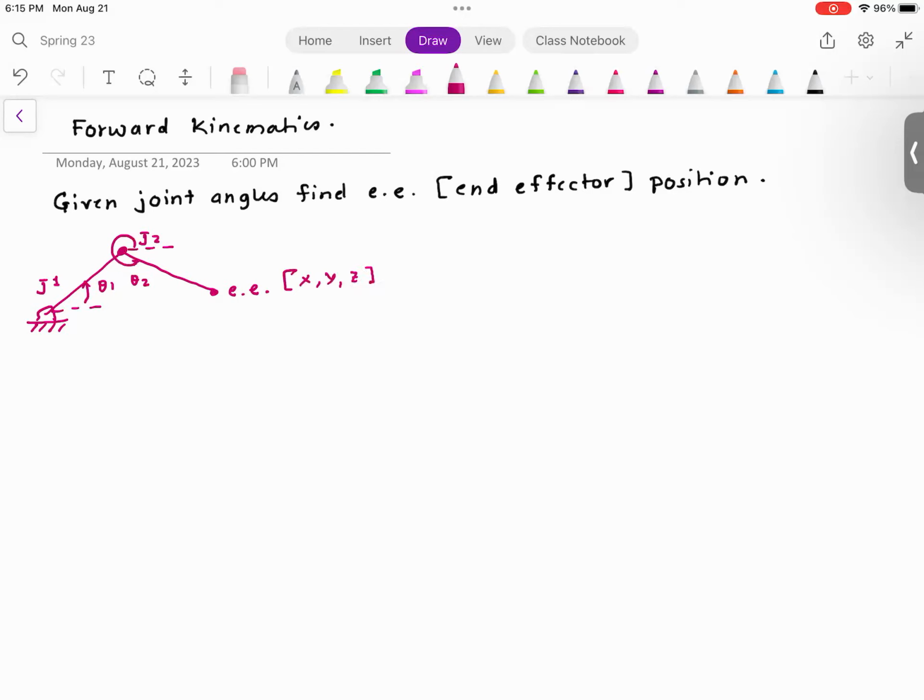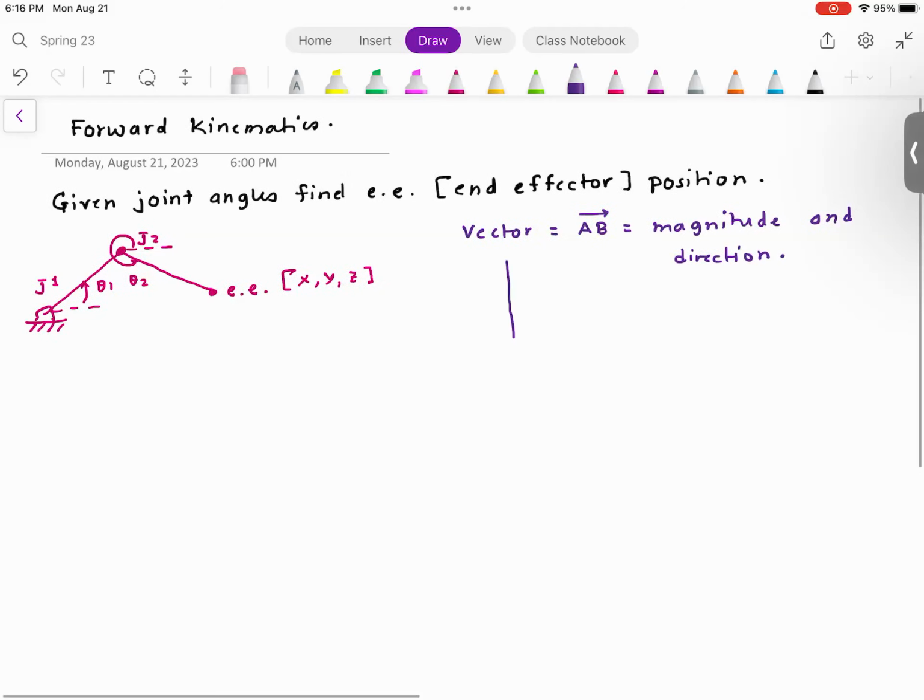And the way we solve this problem is using vectors. So for my own satisfaction, I just want to write down the definition of a vector. A vector has a magnitude and direction. So for an example, if I have an xy plane, this is my 0, 0.